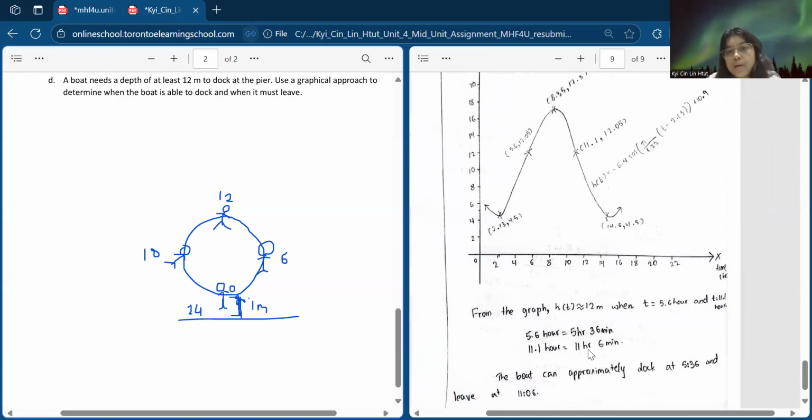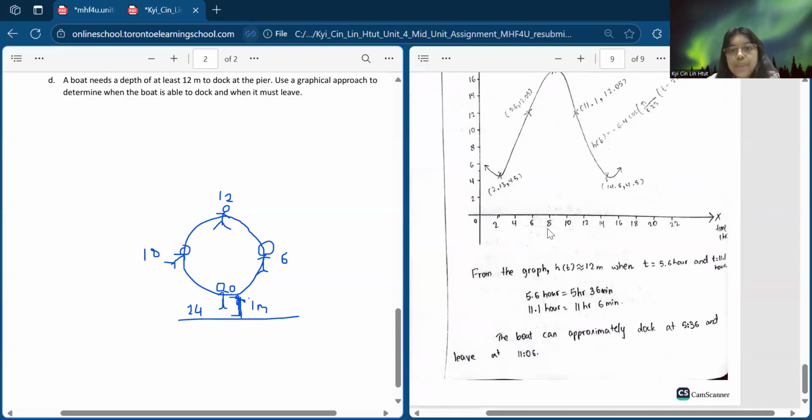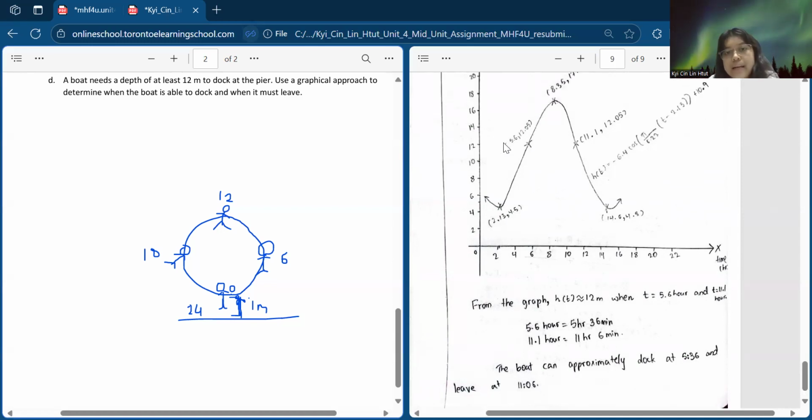And of course, because this is a cosine graph, it's going to go a long way, but I just did this graph for this one section. And in this section, we can see that the boat can dock approximately at 5.6 hours, which is 5 hours and 36 minutes, so 5:36.